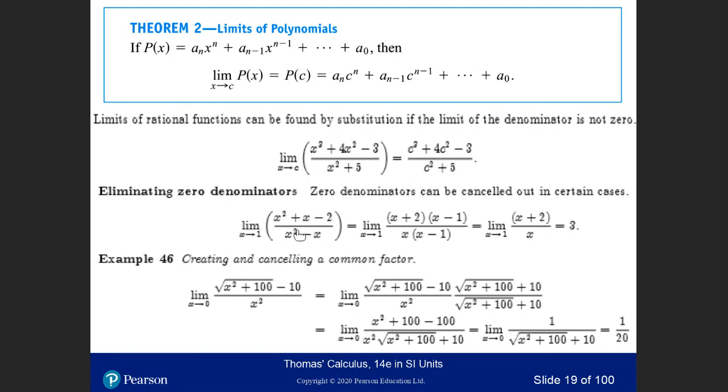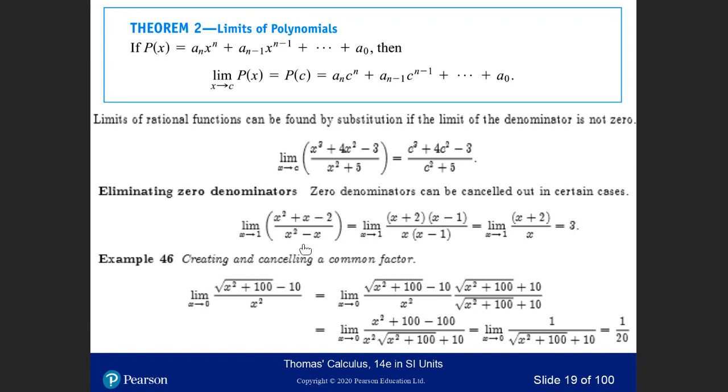But here we have a problem because of x squared minus x: when x is 0 or x is equal to 1, the denominator is 0. So the first thing that you can do is factor both the numerator and the denominator.